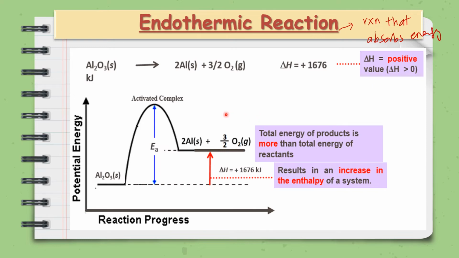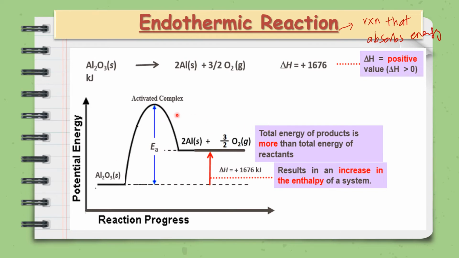Again, because enthalpy is directly proportional to the energy. So that's why you put your reactant down here and your product up here, because the reactant needs to absorb energy. Once it absorbs energy, the product will have higher energy compared to the reactant. So that's why you draw your energy profile diagram like this.